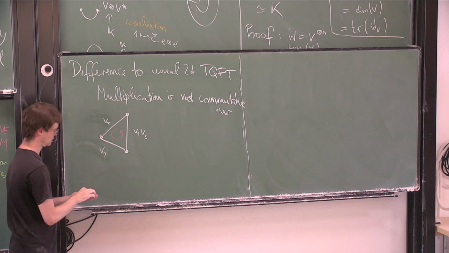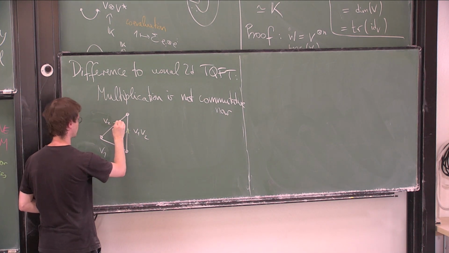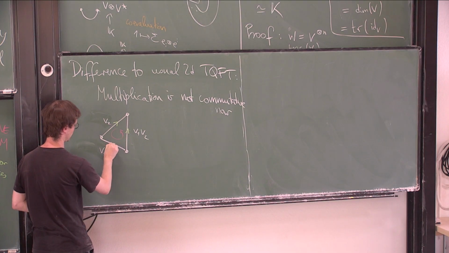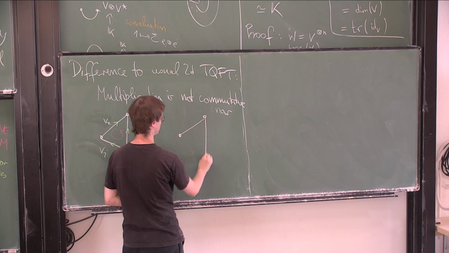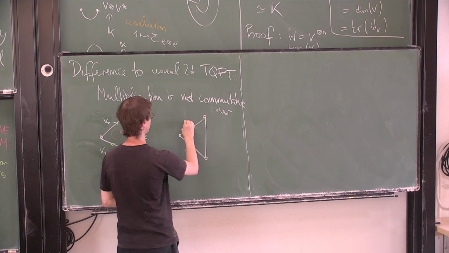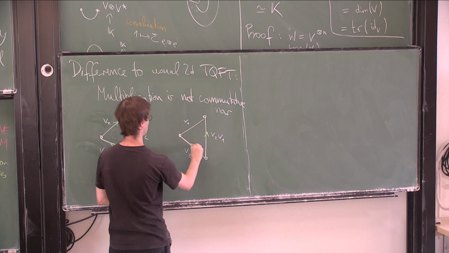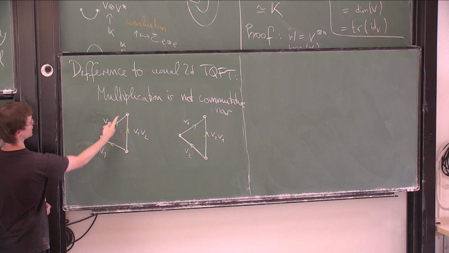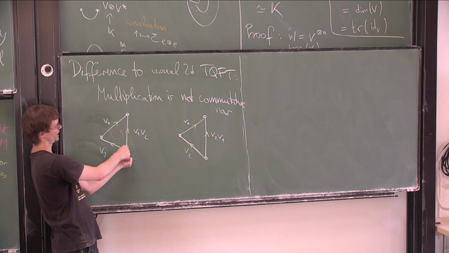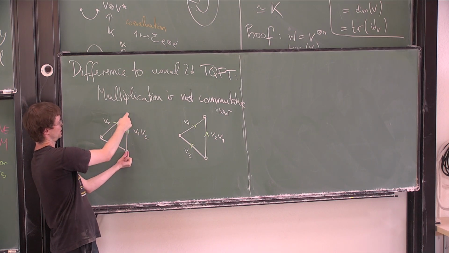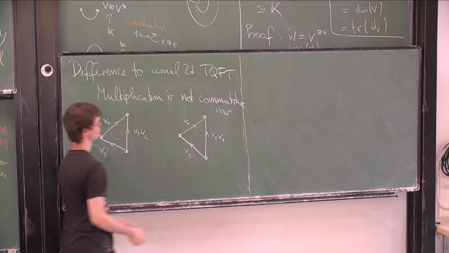If I orient it like this, then I will have compatible orientation and not compatible orientation. If I draw the similar picture, it's V2, V1. Now the orientation can actually help, because if you go from here to here, you see V1, V2, and it's the same as going from here to here, so you have V1, V2 here, V2, V1 there.